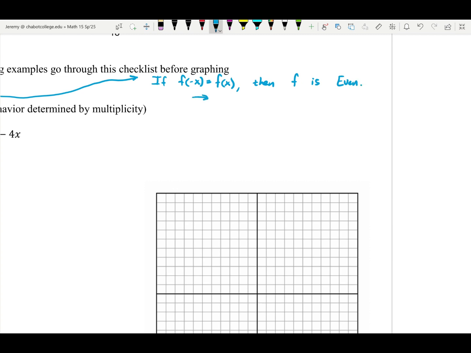And the graphical implication of that is the graph has y-axis symmetry.